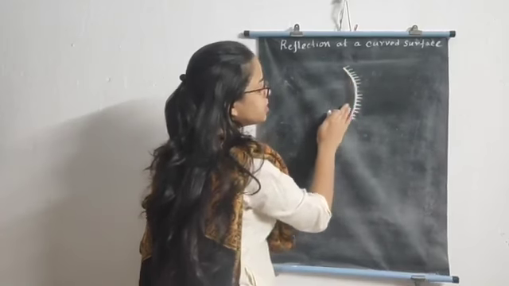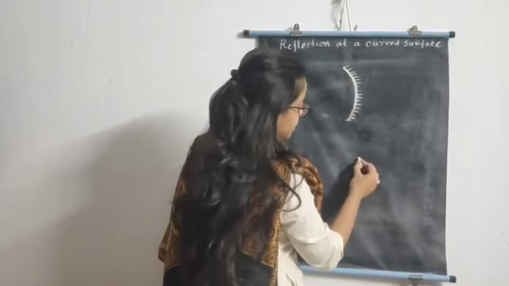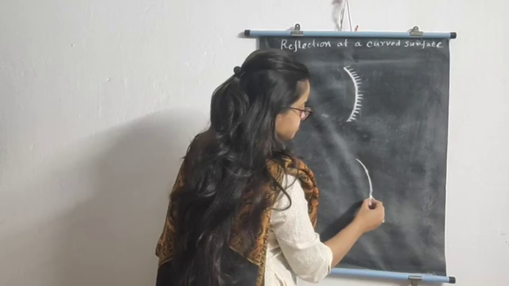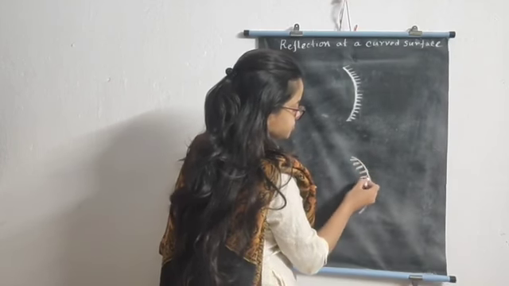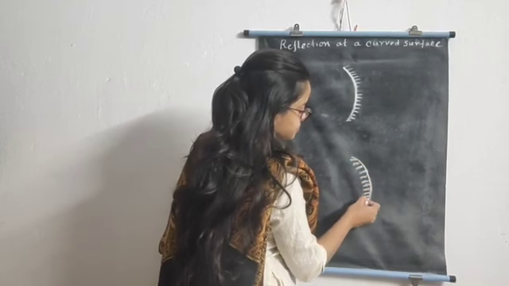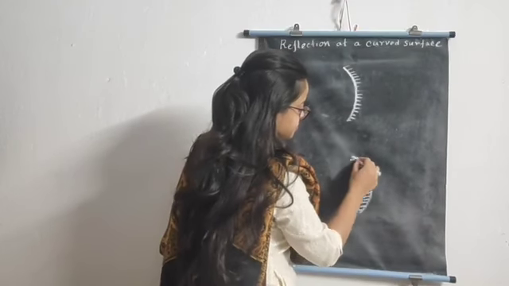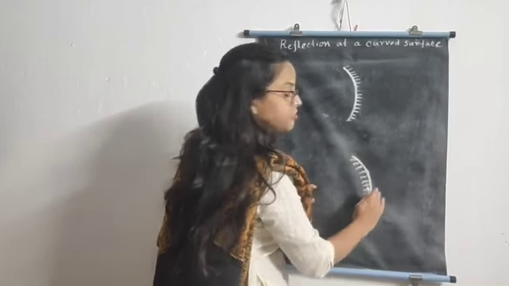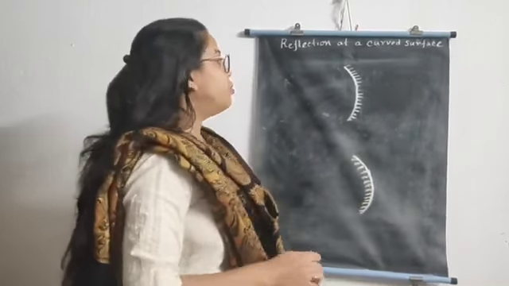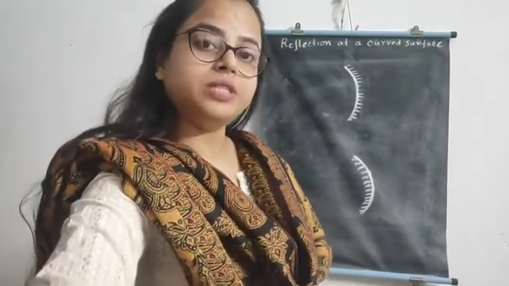This is the reflecting surface, and like this. This is the reflecting surface here. So we can find two types of curved surface.